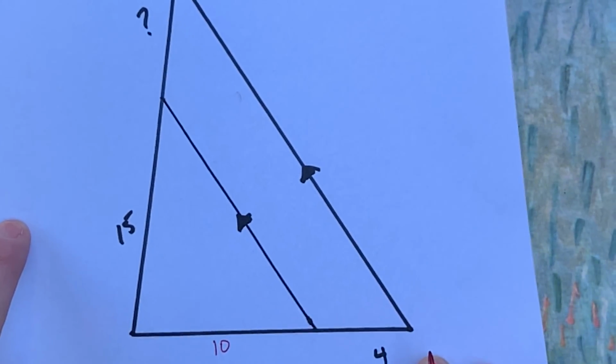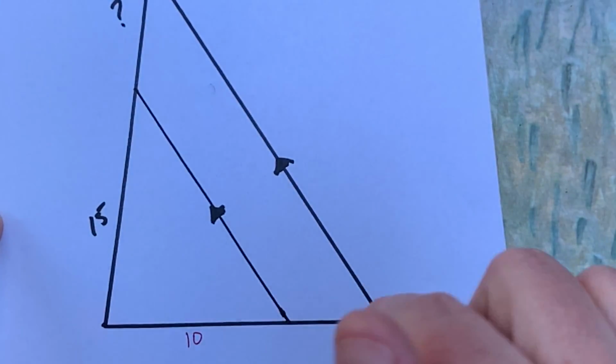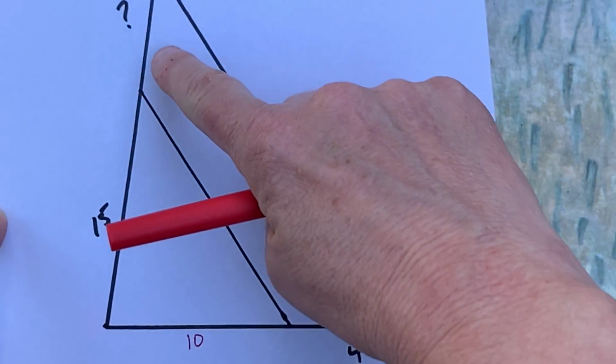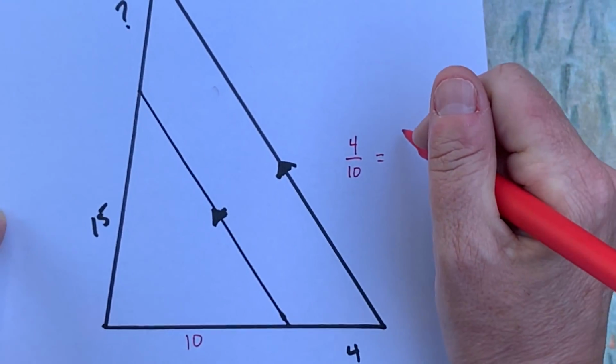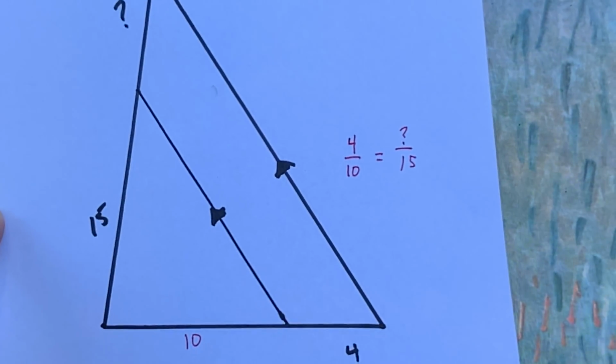Okay, so now I can write a proportion. 4 is to 10 as what? Question mark is to 15.